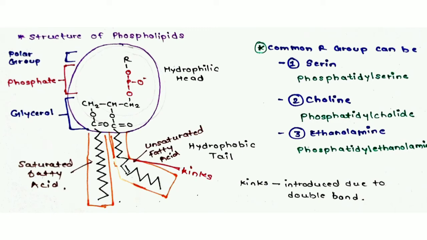The orange boxes denote the saturated fatty acid and unsaturated fatty acid. You can see the unsaturated fatty acid has a bend or kink. These kinks are due to the double bond, as you can see there. The common R group can be serine, choline, or ethanolamine, and depending on the R group, they are named so.